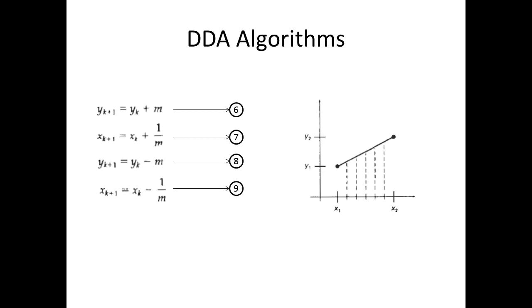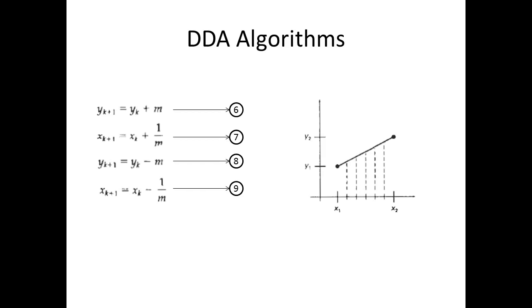The next topic, DDA algorithm. DDA means Digital Differential Analyzer. It is a scan conversion line algorithm based on calculating either delta y or delta x using equation 4 or 5.